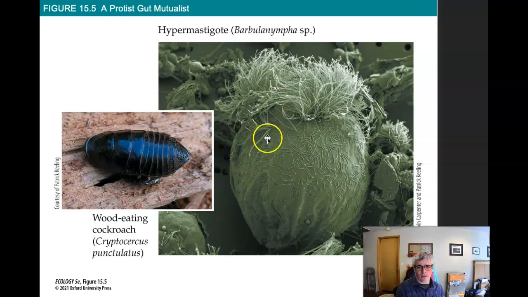In exchange, it's breaking down complex things like cellulose that the cockroach or termite will not be able to eat on its own. So it's really opening up a whole new food source for the host, and then for the protist, it's got a great place to live and a steady supply of food.